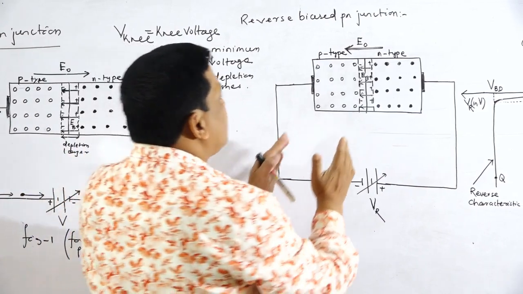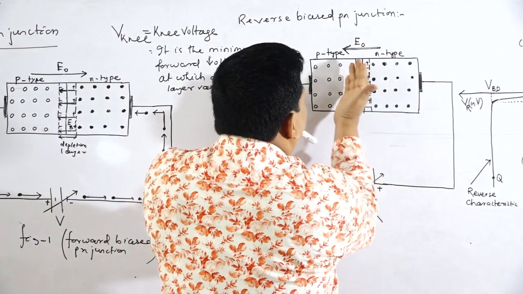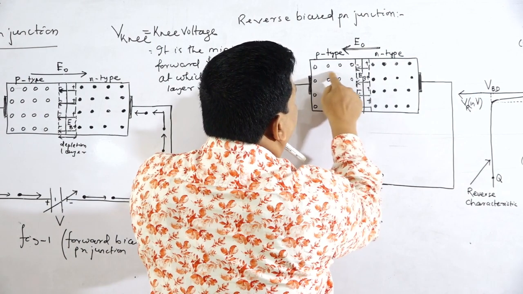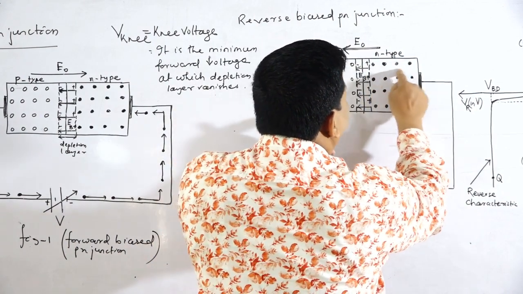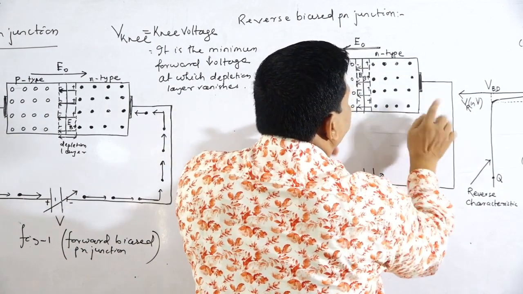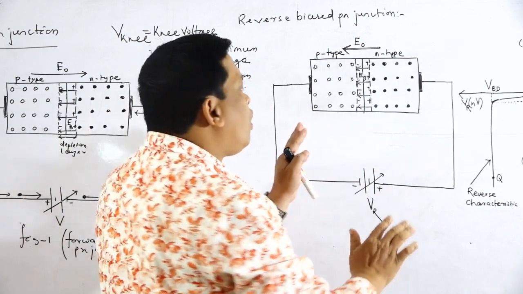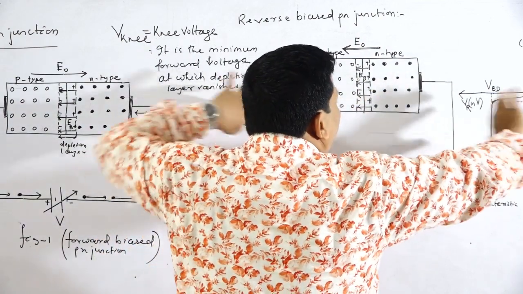So look here, the majority charge carriers, that is the holes in the p-type semiconductor and the free electrons in the n-type semiconductor, are both pulled away from the junction.